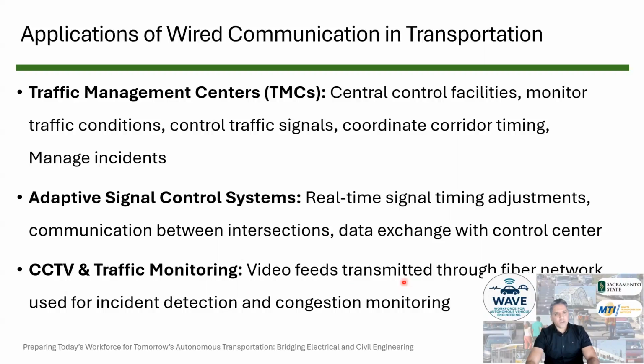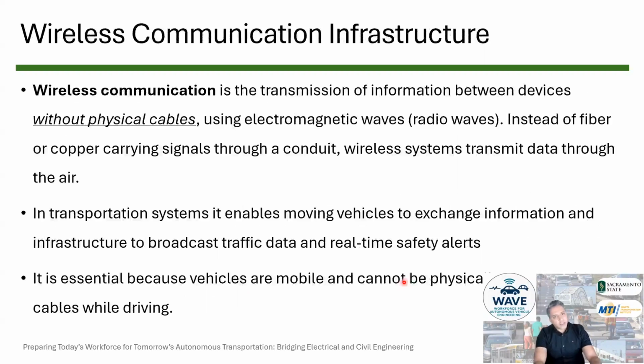Okay, so another communication that we have is wireless communication infrastructure, right? Wireless communication means that between transmitter and receiver, we don't have any physical cable or physical connection.